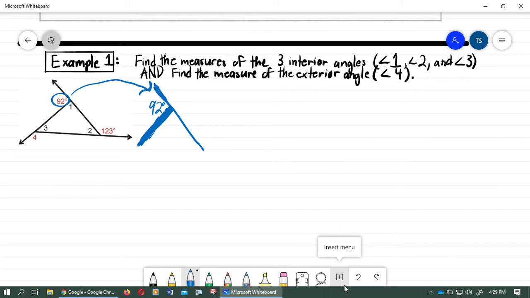And so, folks, this exterior angle and its adjacent interior angle, you see this exterior angle and its adjacent interior angle. This exterior angle and its adjacent interior angle form a straight line. They're a linear pair.